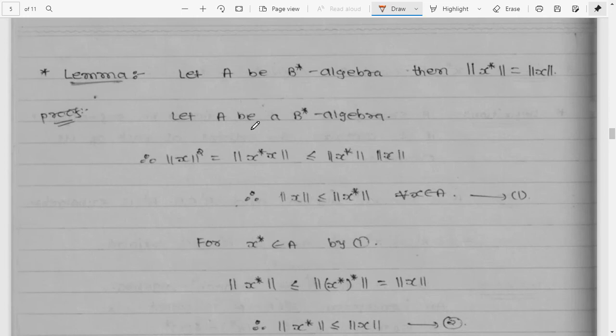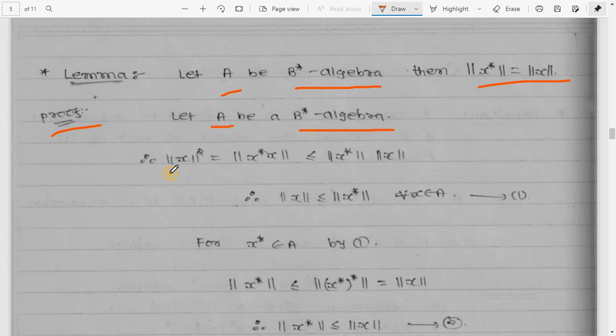Now next lemma: let A be a B star algebra, then norm x star is equal to norm x. So we see the proof. Let A be a B star algebra.